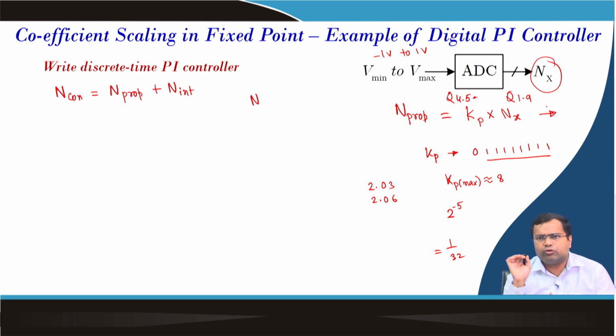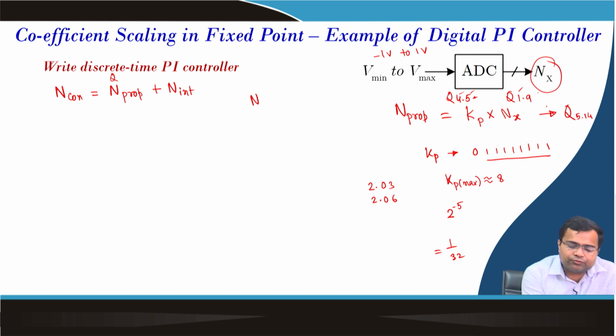If we do not resize for the time being, because we know N1, N2, M1, M2, it will be Q5.14. So we got Q5.14.